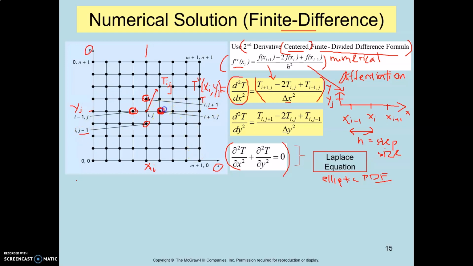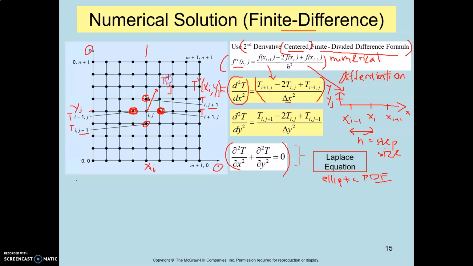So the points next to it, you can see i plus 1 here and i minus 1, and the j remains constant. So these are the 4 points nearby to the Tij, which can be written as Ti plus 1 j on the right, Ti minus 1 j on the left, Ti j plus 1 on the top, Ti j minus 1 on the bottom. So these are the 4 points.